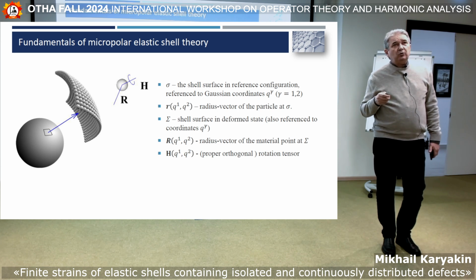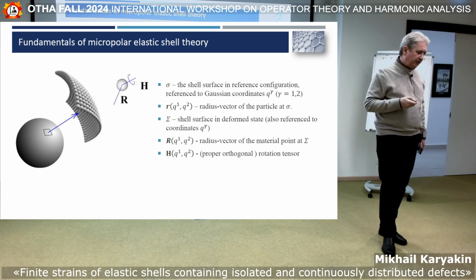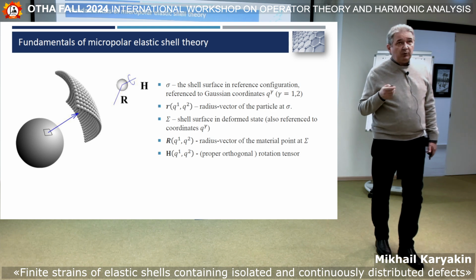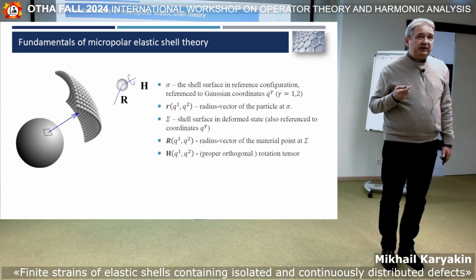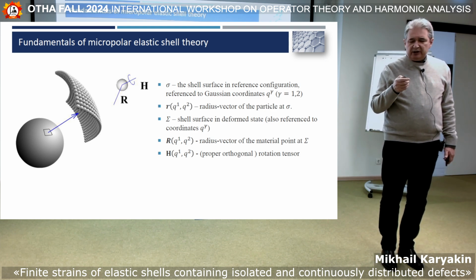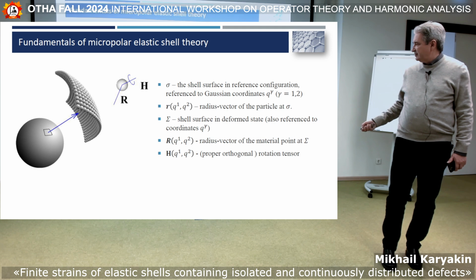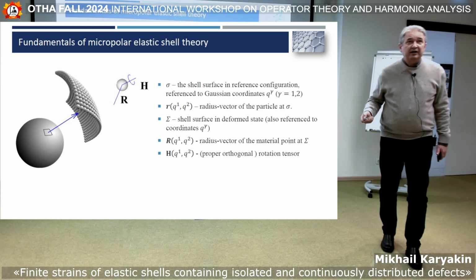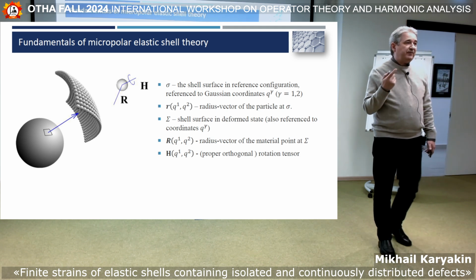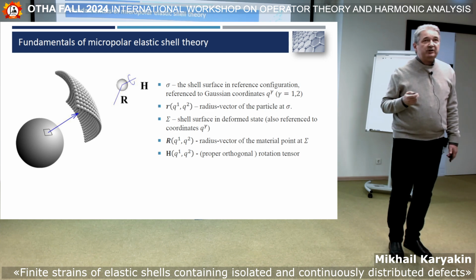So we use the so-called micropolar elastic shell theory. That means that every point has two characteristics. First of all, it has its radius vector. R is the radius vector, so we have three coordinates in three-dimensional space of every point.